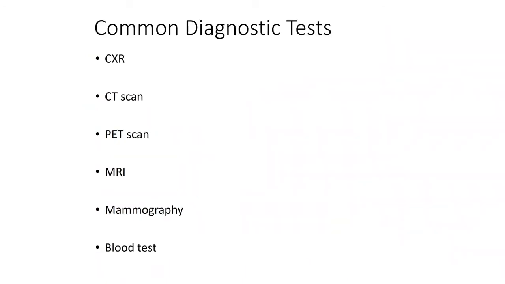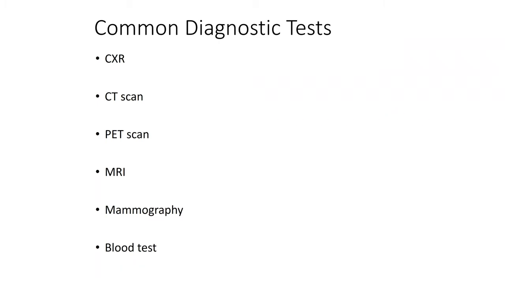Next slide. So what are common cancer screening tests? Chest X-ray or a CAT scan for smokers, very important. We can pick up lung cancer when we do that. A PET scan, we'll talk about it, not a very important or good early diagnostic test, but a very good test to detect if the tumor has spread.